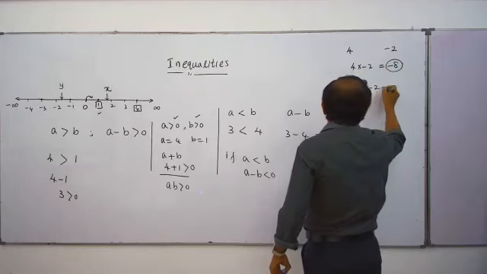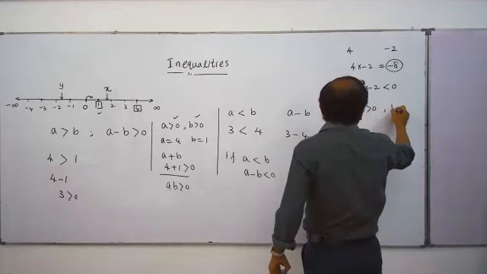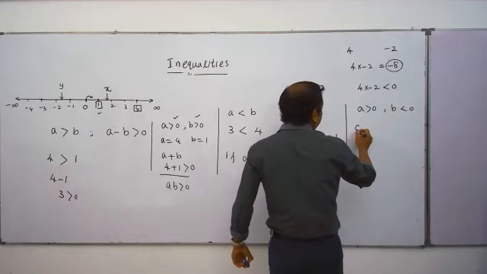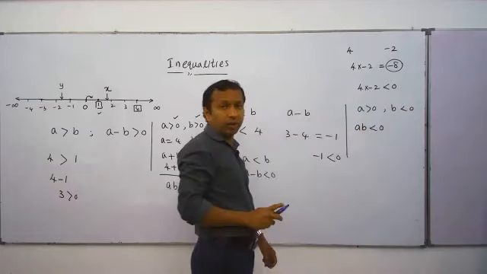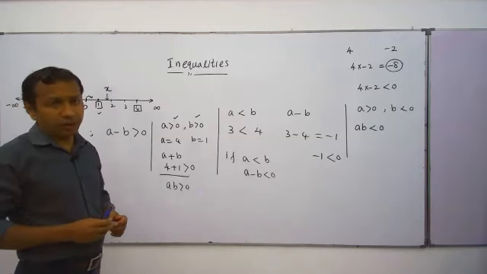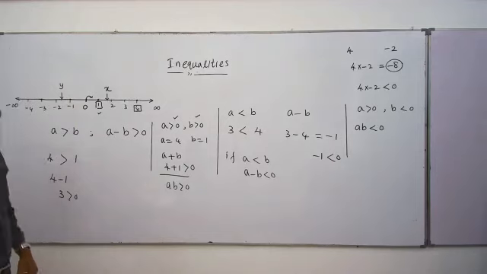Minus 8 is a negative value. So 4 multiplied by minus 2 is less than 0. That means if a is positive and b is negative, then the product ab is negative. Understood?